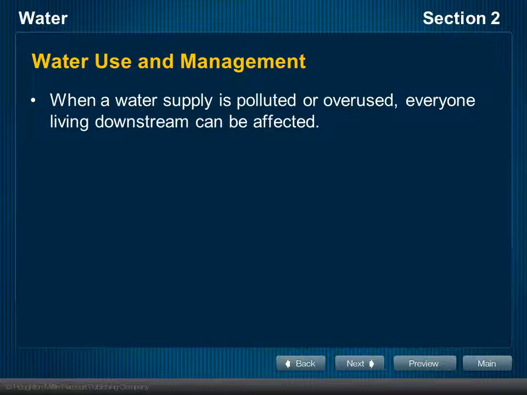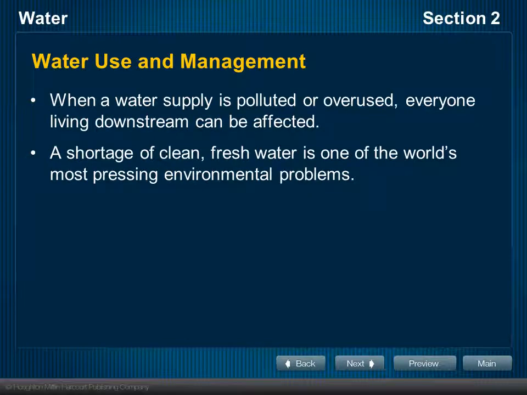If a body of water becomes polluted in one area, it affects the people downstream. If it's dammed up, or polluted, or dries up, there's no water downstream. So people downstream traditionally have been affected by what happens upstream.